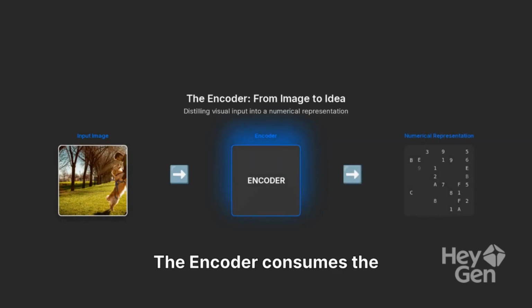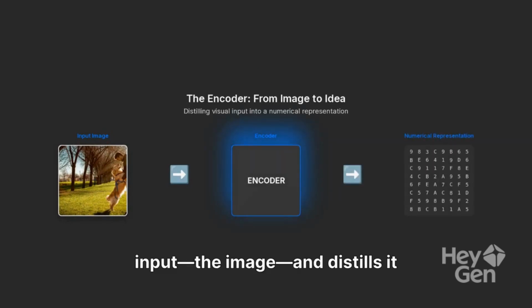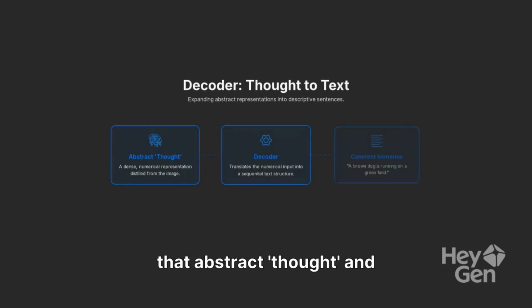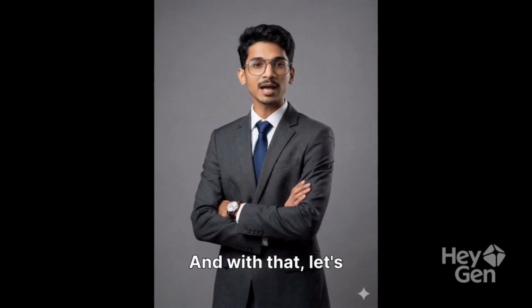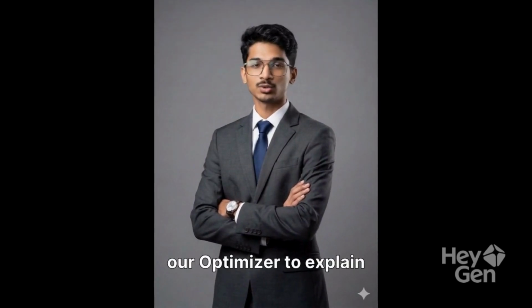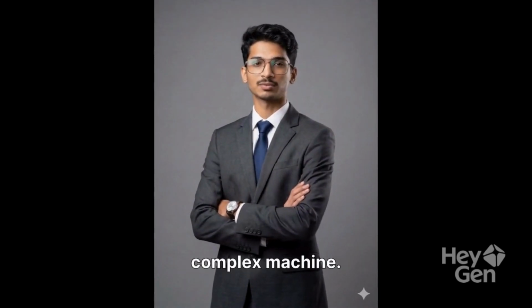The encoder consumes the input, the image, and distills it down into a dense, numerical representation. The decoder then takes that abstract thought and expands it into a coherent, descriptive sentence. This meticulous setup ensures seamless data flow between the 2 very different model types. And with that, let's pass it over to our optimizer to explain how we trained this complex machine.